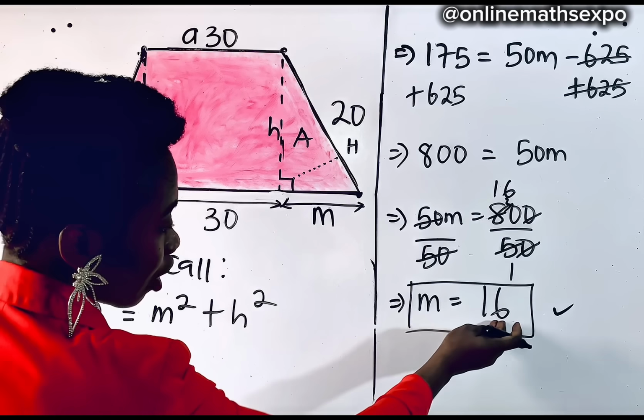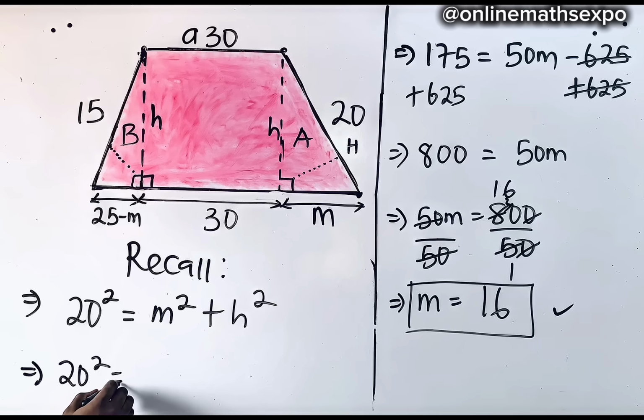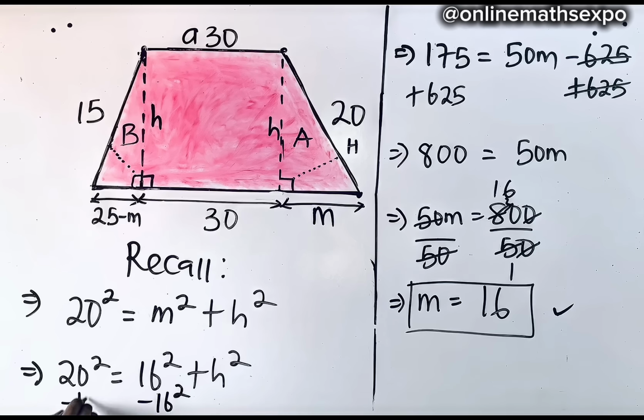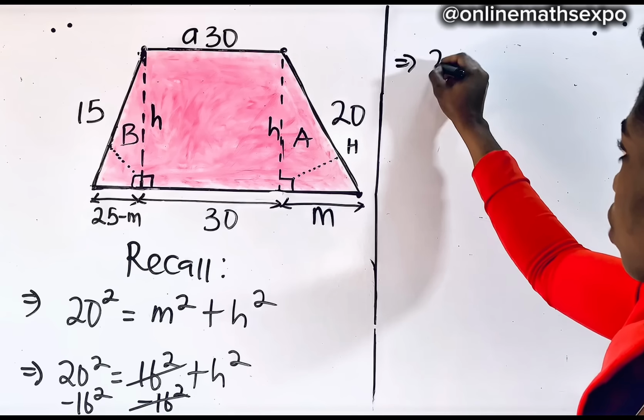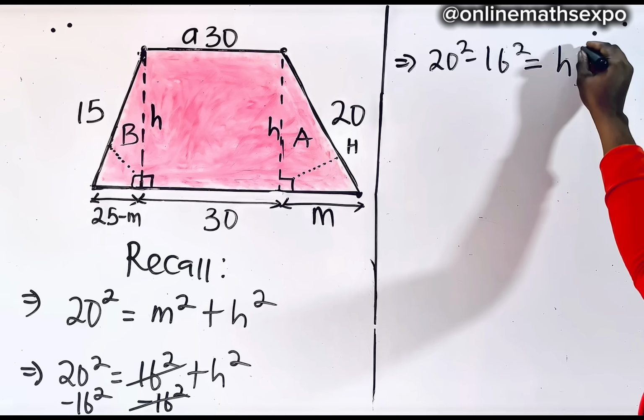Now that we have found our m, it is going to give us 20 squared is equal to 16 squared plus h squared. Now what do we do? Our target is h, so in that case, we need to subtract this from both sides. So we subtract 16 squared from both sides, and this takes off this. So we keep simplifying. 20 squared minus 16 squared is equal to h squared.